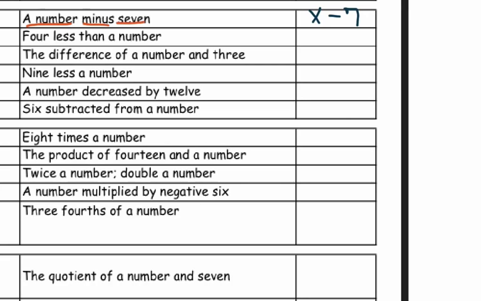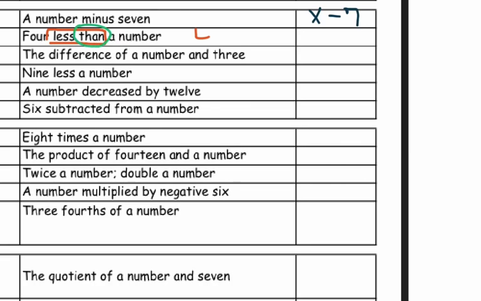The next one says 4 less than a number. This is one of the ones I circled, and we have to be really careful because when it says less than, the key word there is than, then you're going to flip them around. So instead of writing, if you read it, it says 4 less than a number.